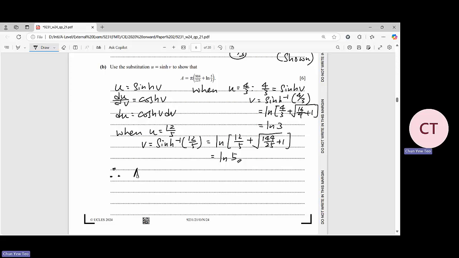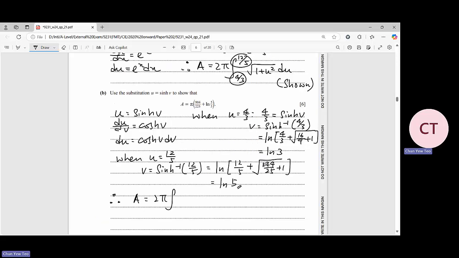So therefore, your A right now can be written as integrate from 4/3, which becomes ln 3, then 12/5 becomes ln 5. This one will be square root of 1 plus sinh squared v, cosh v dv.